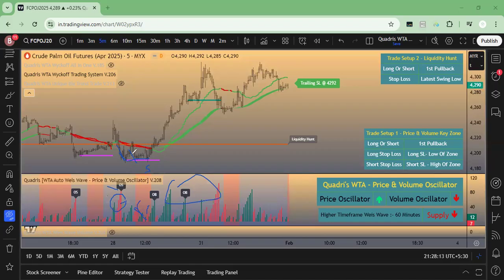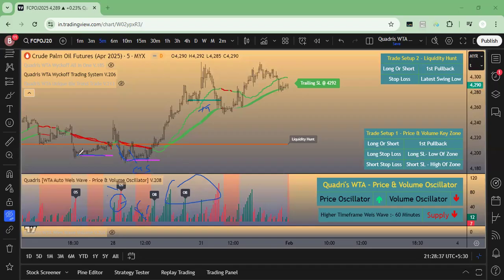Though this is a counter trend move, this is a trend trading setup TT, and this is CT, that means counter trend trading. So when you're taking counter trend trading, accumulation and distribution are the tools which will help you in taking counter trend and trend trading trades.